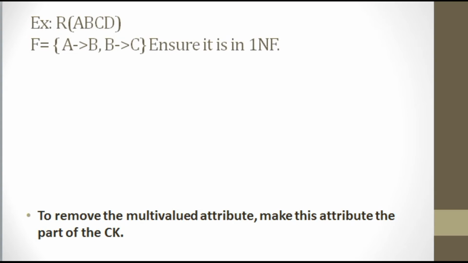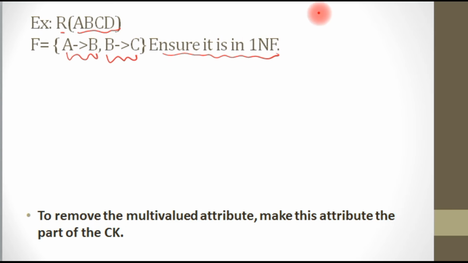Now solve this question. See, in this question, they have a relation with four attributes and the functional dependencies A determines B, B determines C. Now ensure it is in first NF. So how will you find?